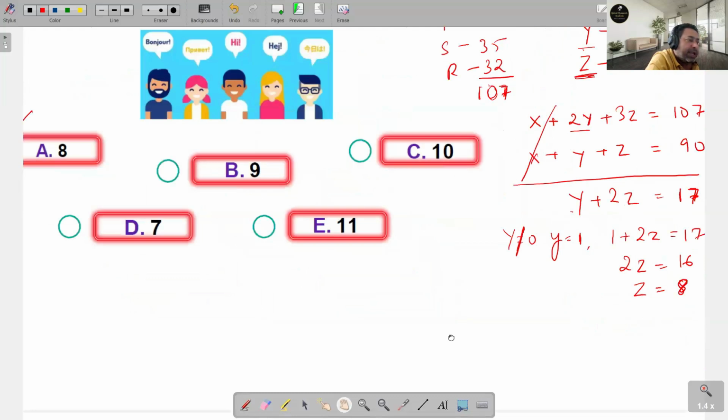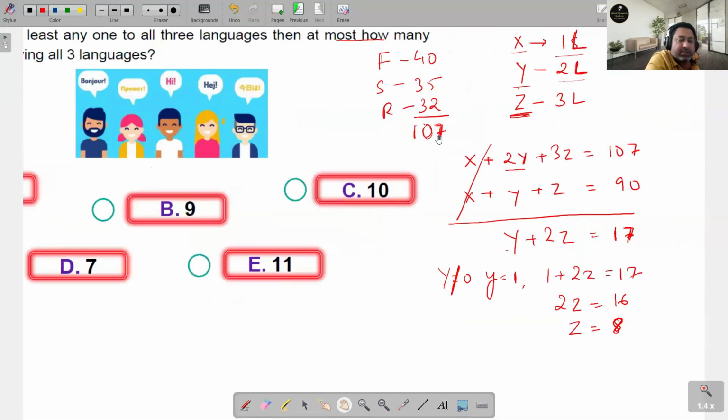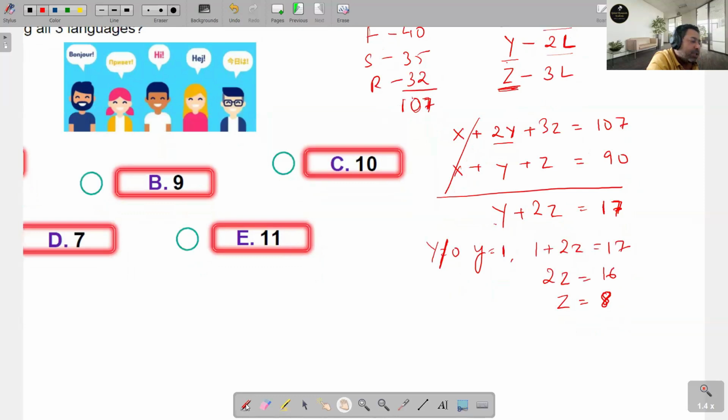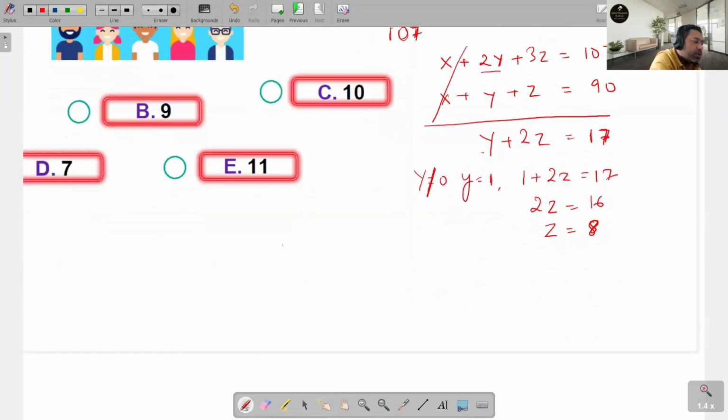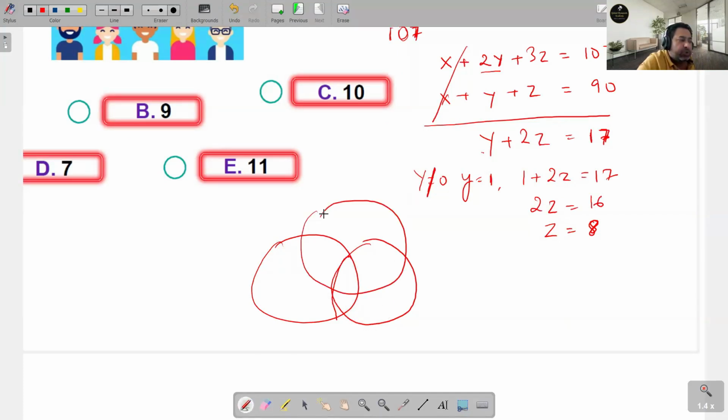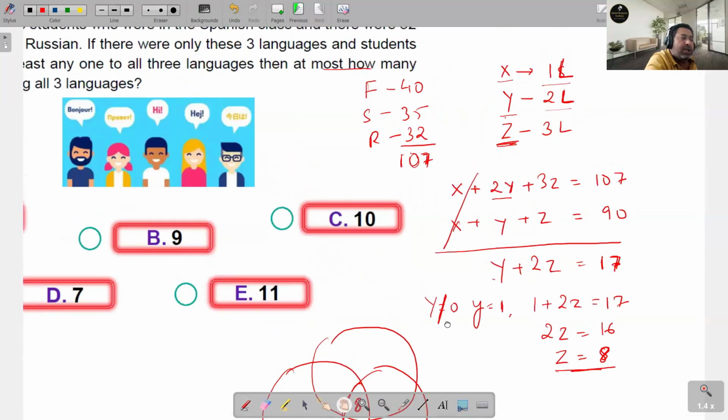See, if 8 students are common to all three lists, then what will happen? If you make a Venn diagram here and we put the Z, 8, here, these are part of all the three languages. Only one student is doing two languages. Let's say French, and the second highest was Spanish.